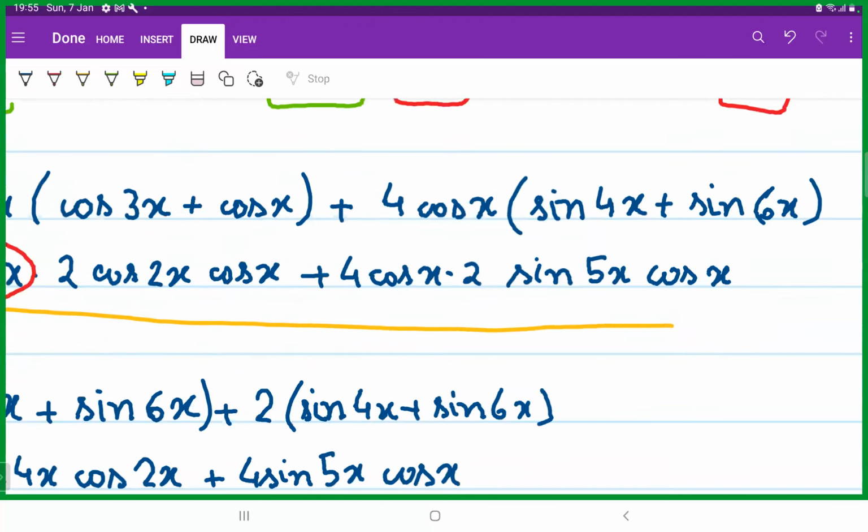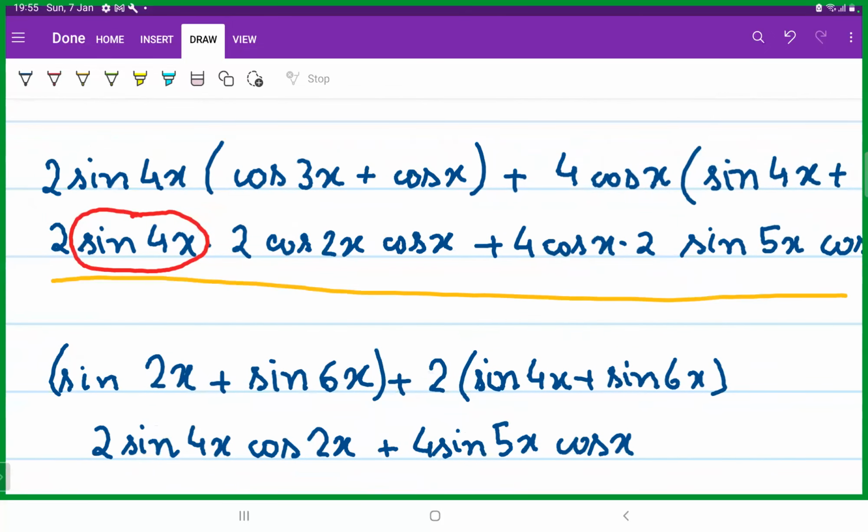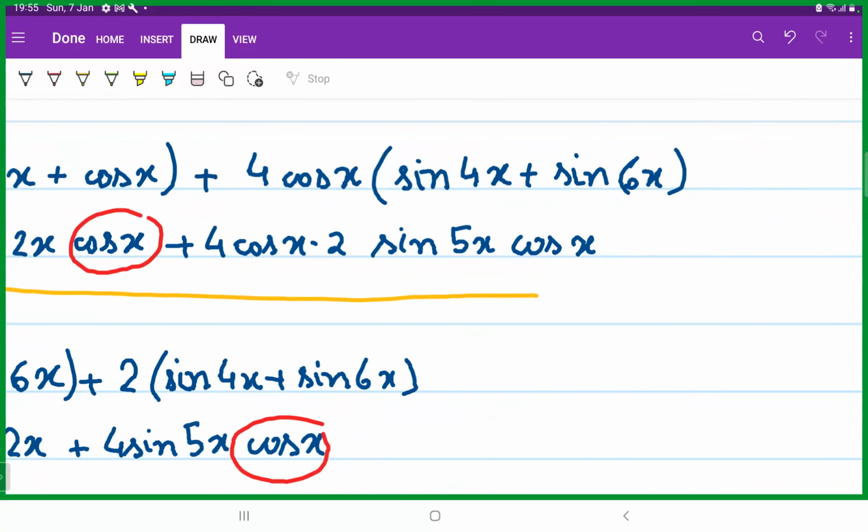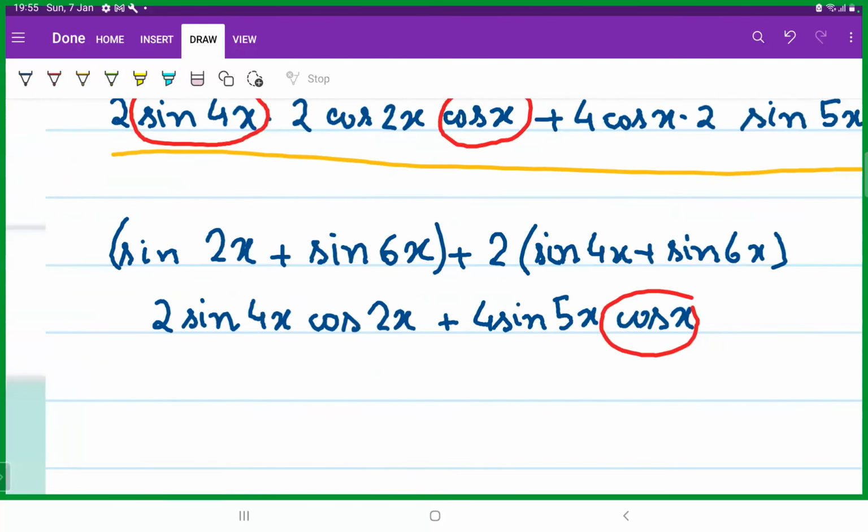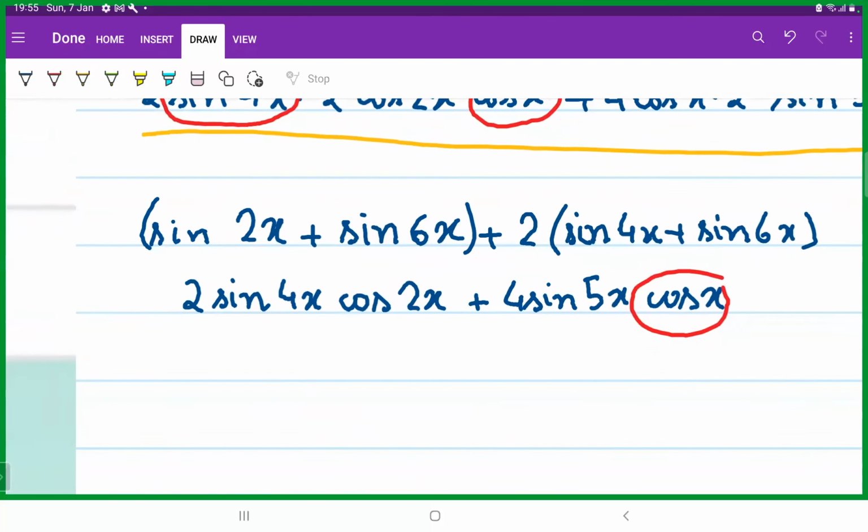Like you see cos x is common over here, and we also have a cos x over here as well.